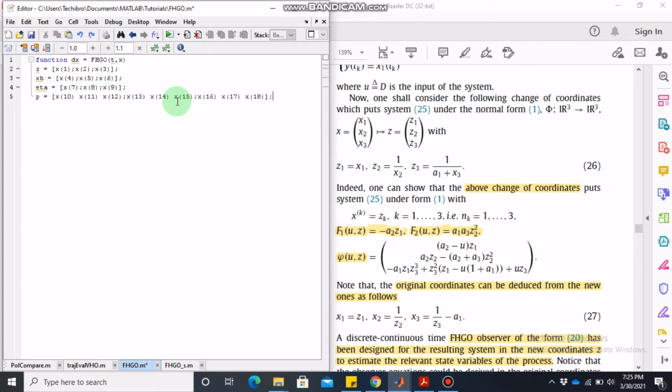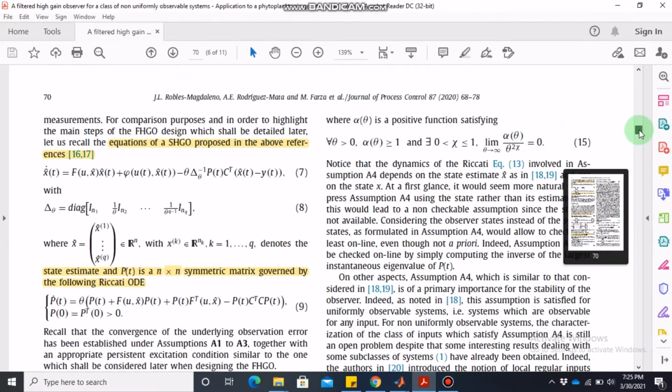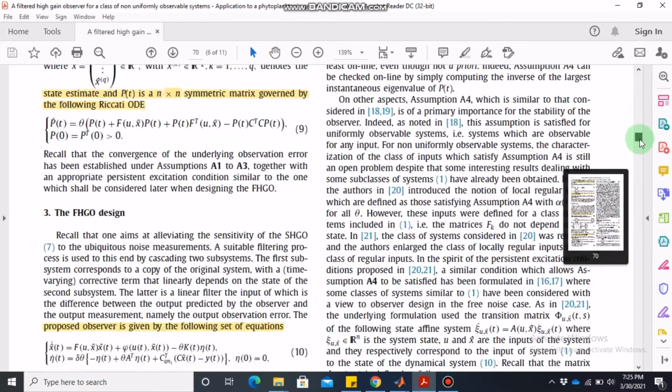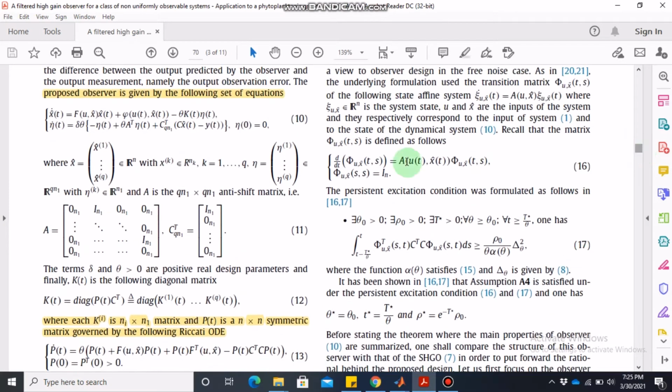Then we have this, because if I take you back to the proposed observer in the paper, so this is the proposed observer in the paper.